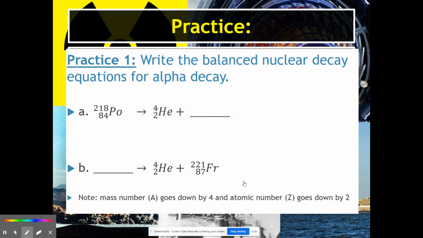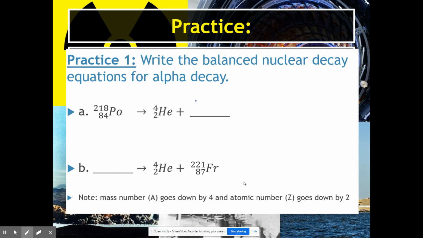Here's some more practice. See if you can do these on your own, and then come back and listen to the answers. So first we have 218,84 polonium. Polonium is going to decay with an alpha particle, and we're going to end up with another particle. So our 218, we're going to lose 4 from the mass.